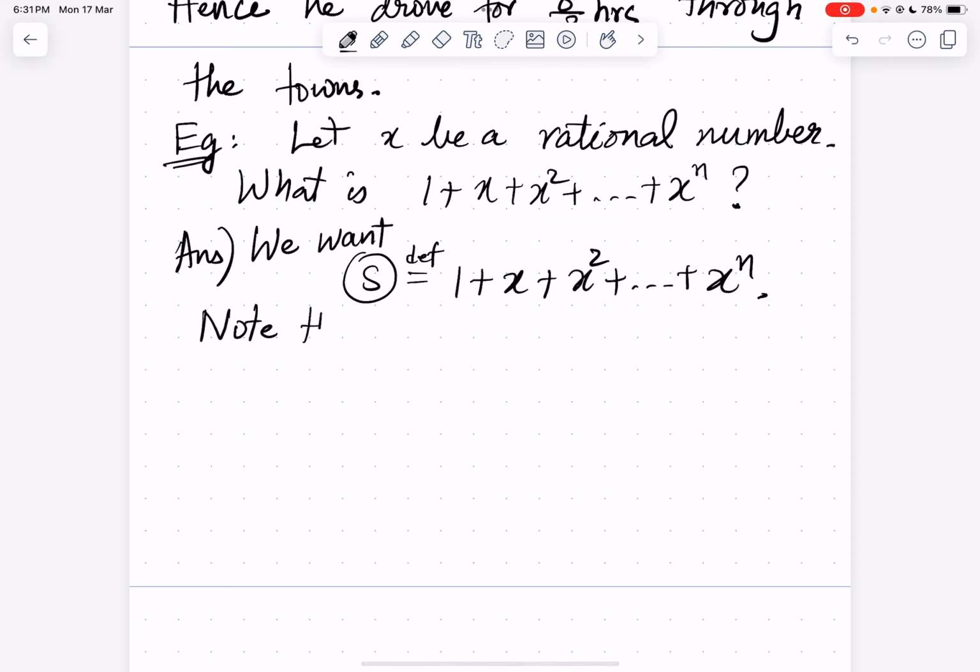Note that x times s is x plus x squared plus x cube plus so on till x power n plus 1.